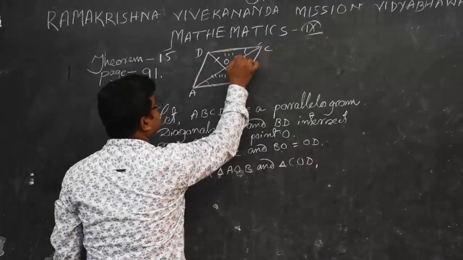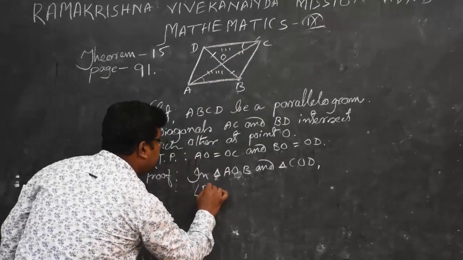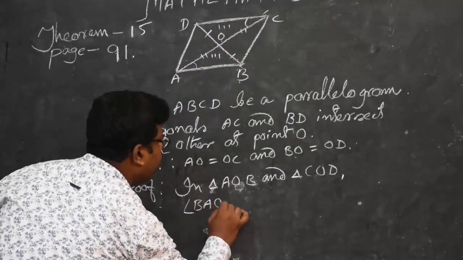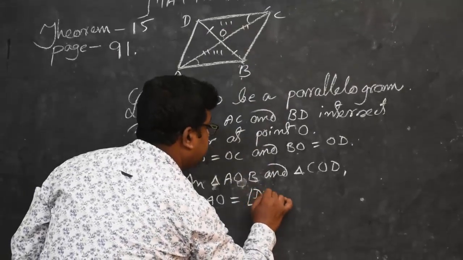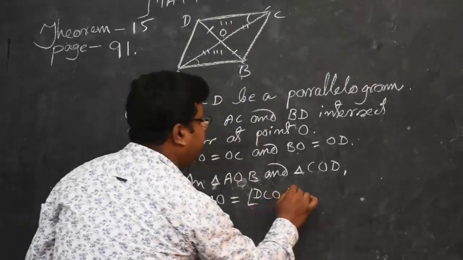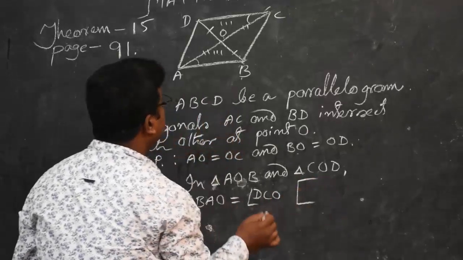In triangle AOB and triangle COD, angle BAO equal to angle DCO. Why? You have to give the logic here.